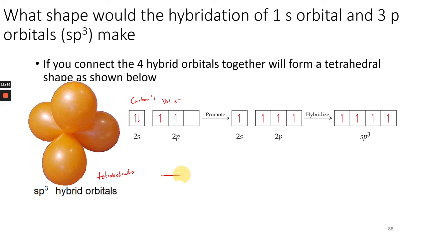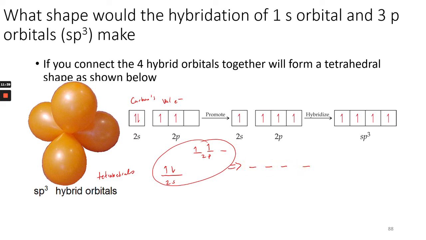So if I was drawing this like an Aufbau diagram, the 2p is higher energy than the 2s. And I need to average all 4 of these to make my 4 equal energy orbitals. So I'm going to draw them in the middle.